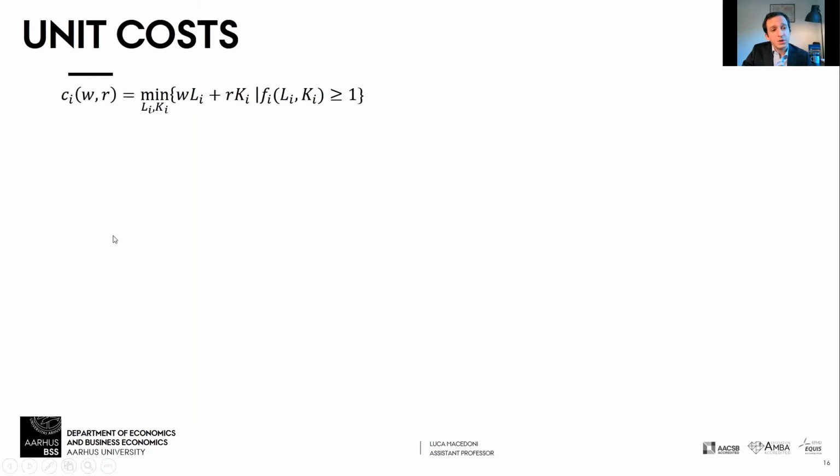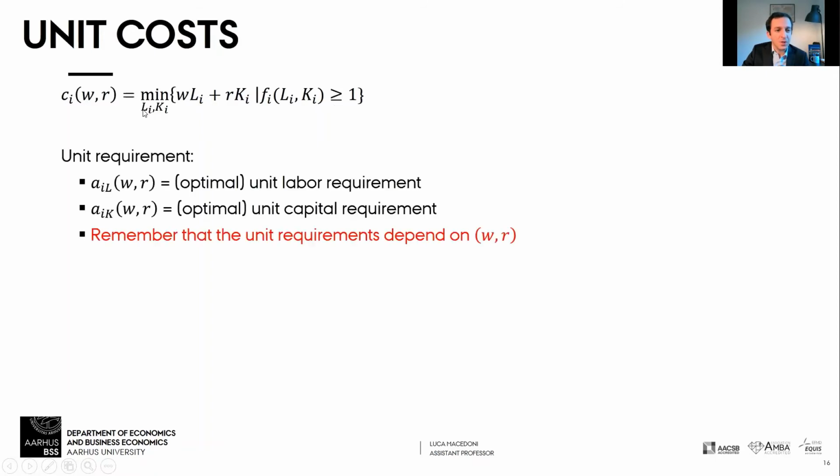So the unit cost, C_i for good i, is a function of the wage W and the rental on capital R, and that is the combination of L_i and K_i, of labor and capital, which minimizes total costs, W L_i plus R K_i, subject to the constraint that the output is greater or equal to 1. So this is the cost associated with producing 1 unit of output.